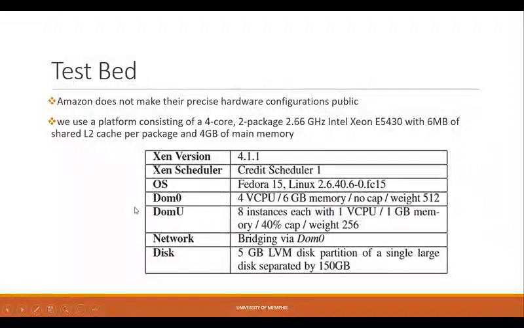And Dom0 is just a virtual machine that is responsible for all the management tasks required by a hypervisor, plus it manages all the physical resource drivers. So they are using these specs. This is version 4.11. I think the latest version now is 7 or 8. And as we talked before, they are using the credit scheduler and these resources and specs.